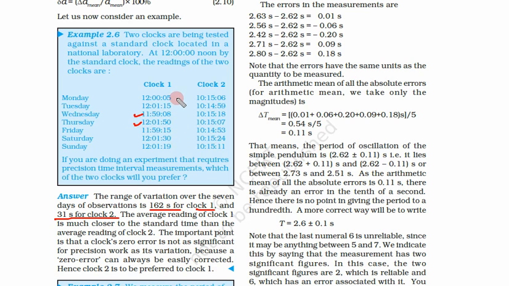All other times are in between these two. If you calculate the difference, this is 52 seconds less than 12, and this is 110 seconds more than 12 o'clock. When you add these two, you get a 162-second difference in this clock between the minimum and maximum value.